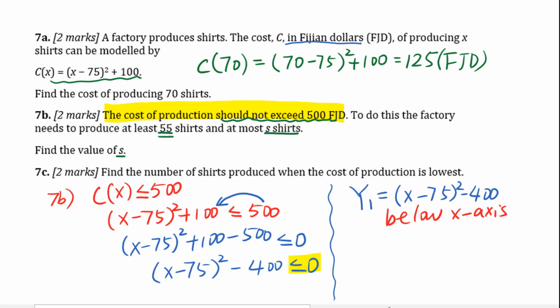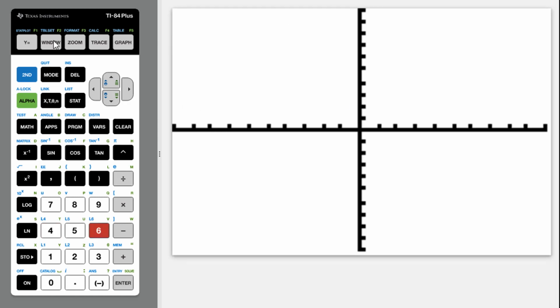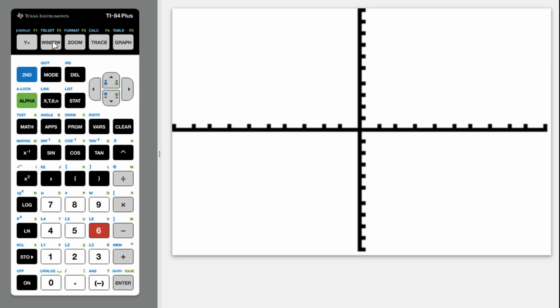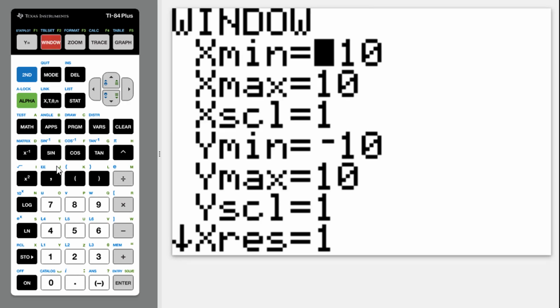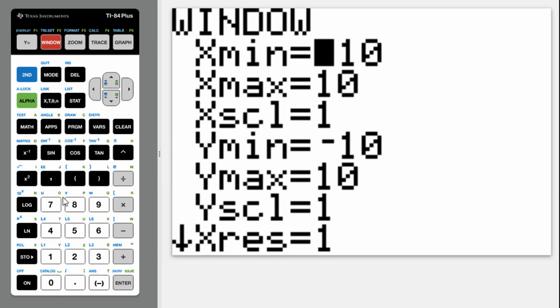Let's go to the graphing calculator. So we will put (x − 75) squared minus 400. This is a standard window. We cannot see anything on the graph, so you need to change the window. We are looking for the roots. So go to this window. X minimum, x means shirts, so we start from 0.